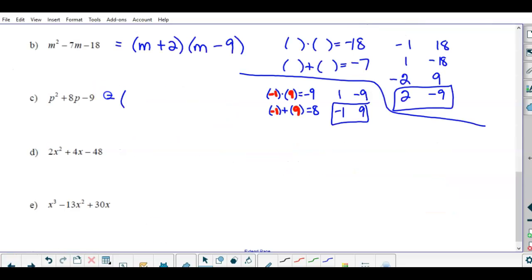Okay, so when we write this out, you're going to have p as your variable, and the two numbers are negative 1, so we'll put in p minus 1, and positive 9 is p plus 9. Hint on the next one, they're all even numbers. So factor out a 2 first before you do anything else.